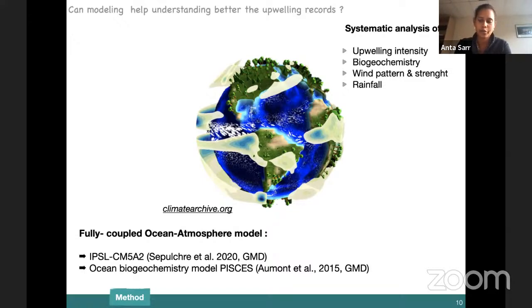And this enabled me to provide a systematic analysis of winds, rainfall, oceanic circulation, and also biogeochemistry, which is very new for these deep-time monsoon studies. And so it enabled me to compare more qualitatively the modeling and what we got from proxy data.